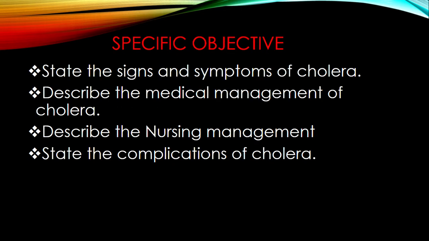You should be able to state the signs and symptoms of cholera, describe the basic management of cholera and the nursing management of cholera, state the complications of cholera, as well as state the preventive measures of cholera.